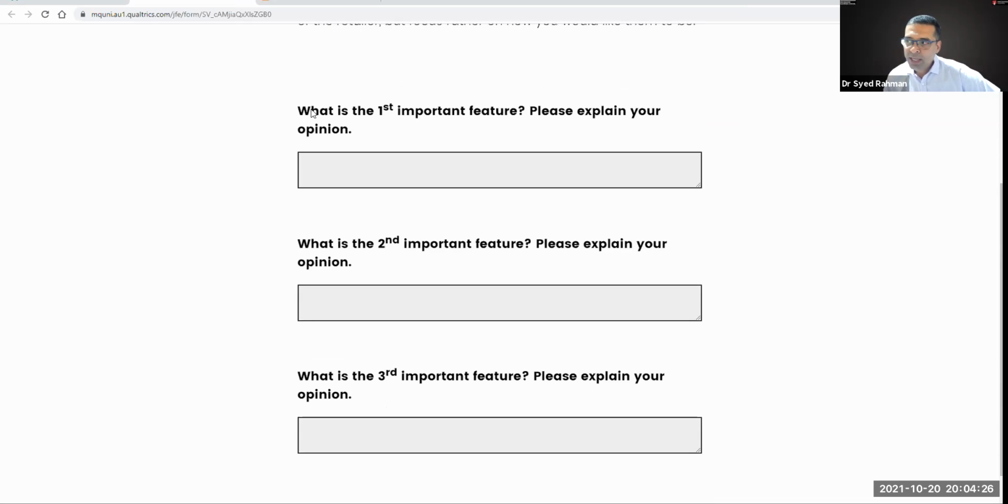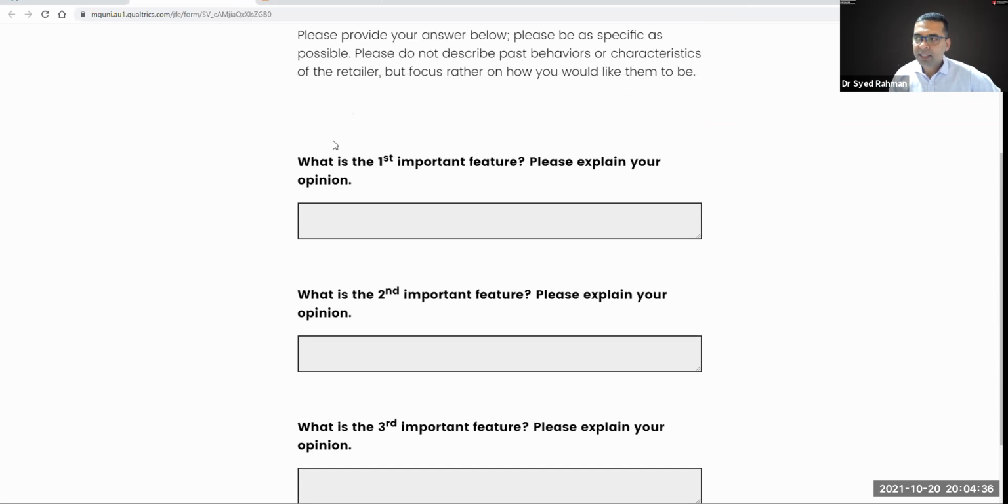Okay, so the way you have to ask is: what is the first important attribute, the second important attribute, and the third important attribute? You will find that there are papers where they're giving people just one box and saying list 3 attributes, and then asking them to rank them and so on. All those activities, all that thinking adds to cognitive load.